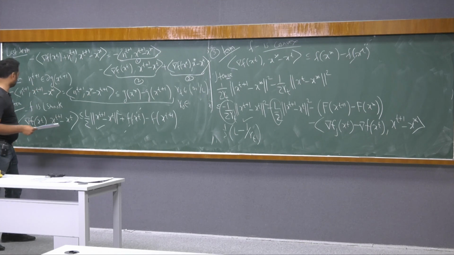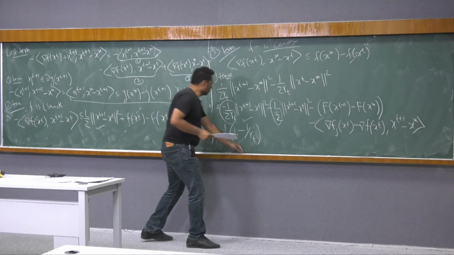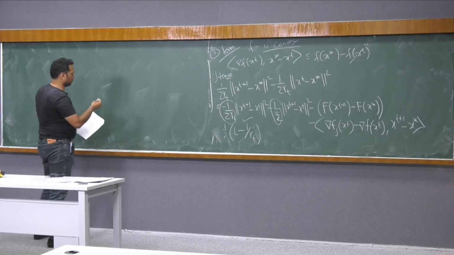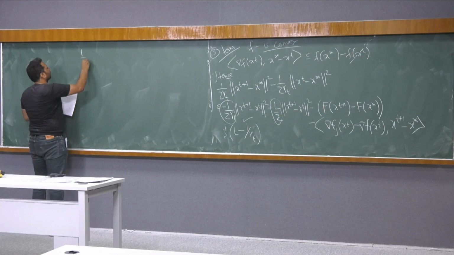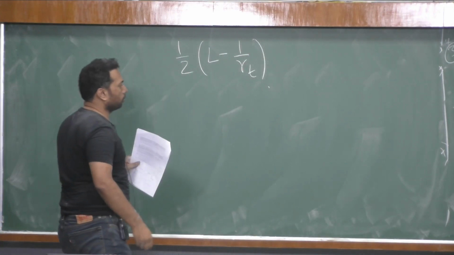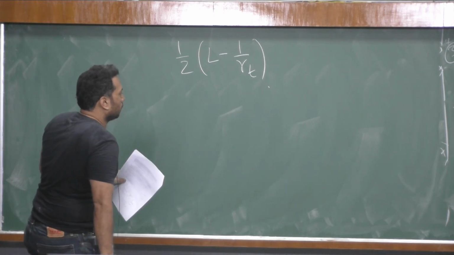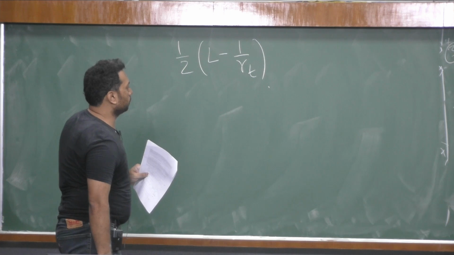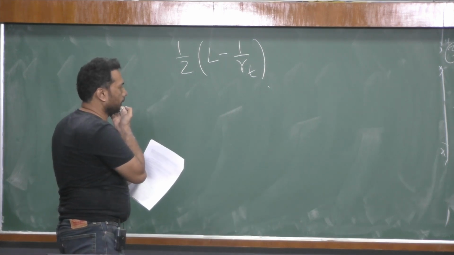I think this part is clear, so let us rub this out to have a workspace. So all this is verified. Half of L minus 1 by gamma t. I hope I'm not missing anything. And we want to drop this, and we can drop this if it's negative.